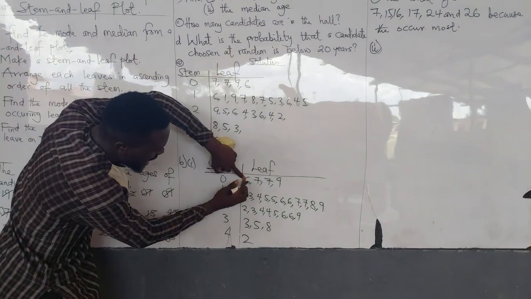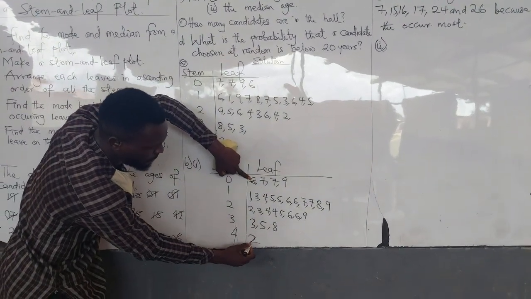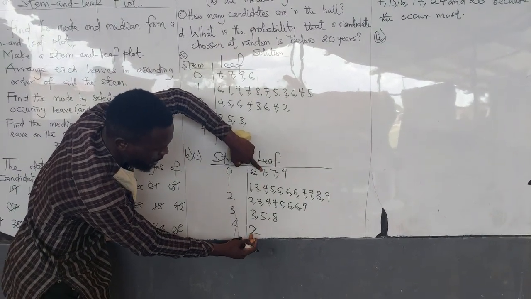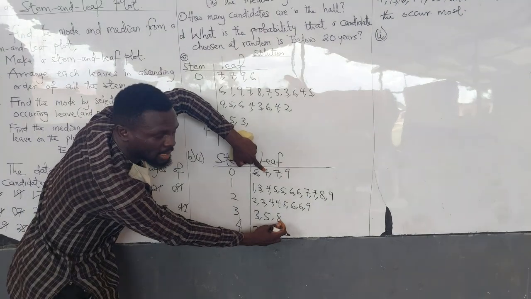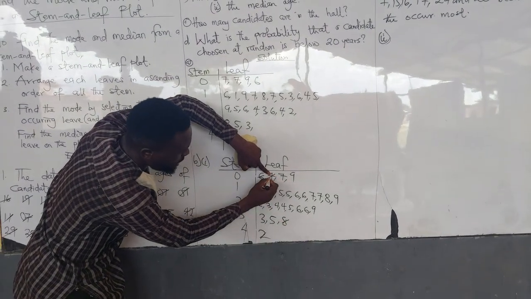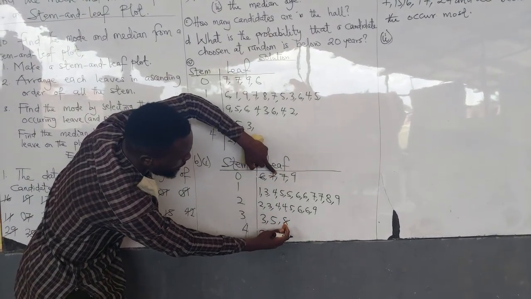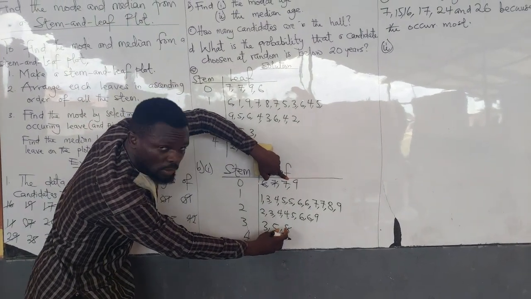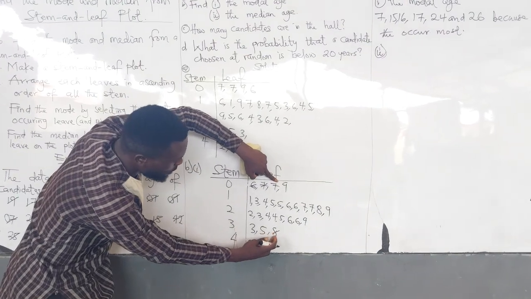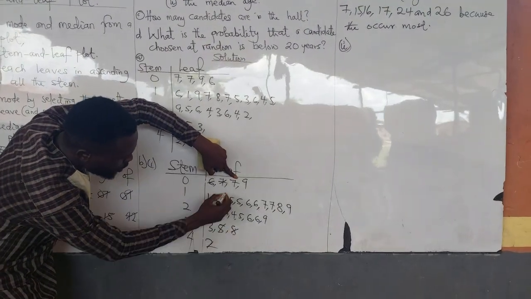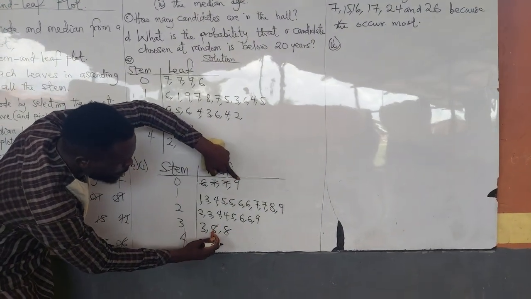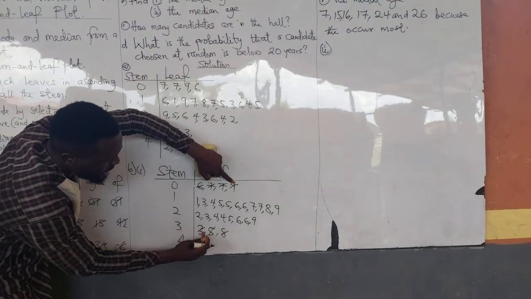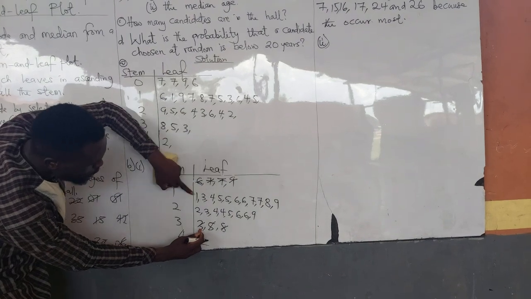So this is how we are going to do it. We will say this number should cross out this number. From here, we move to this side. So this number will cross out this number. You do it simultaneously. As you are doing this one, you are doing this one too at the same time. So now we move to this one. So this one will cross out this one. So this number will cancel this number. From the 9, we will move to this side.